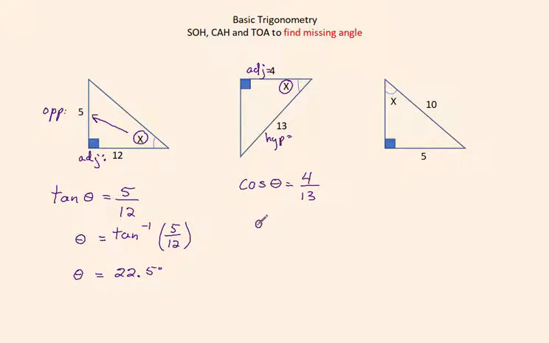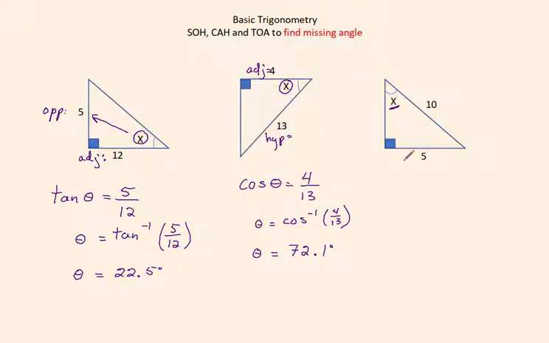Again, I'm going to have to use the inverse of cosine, so exponent -1, and multiply it by the result of this fraction. And that should give me an angle of 72.1 degrees.